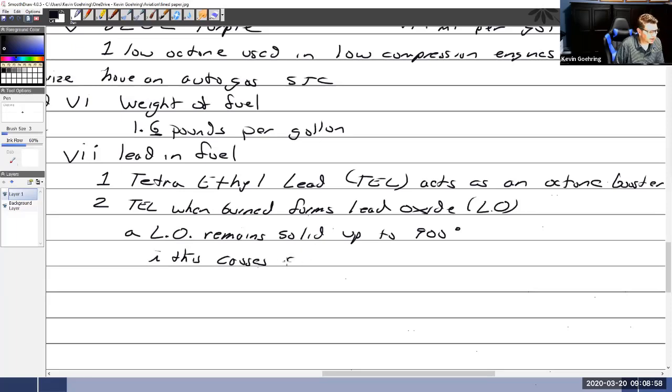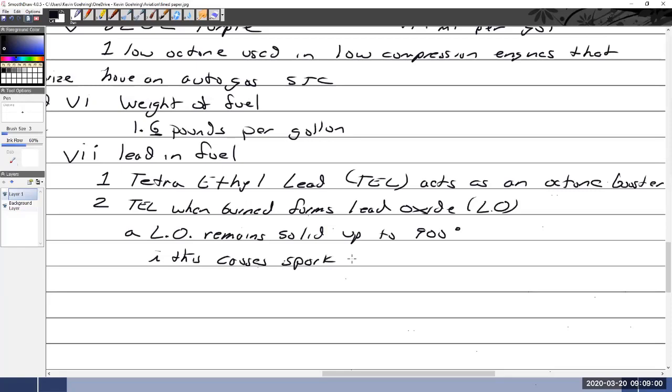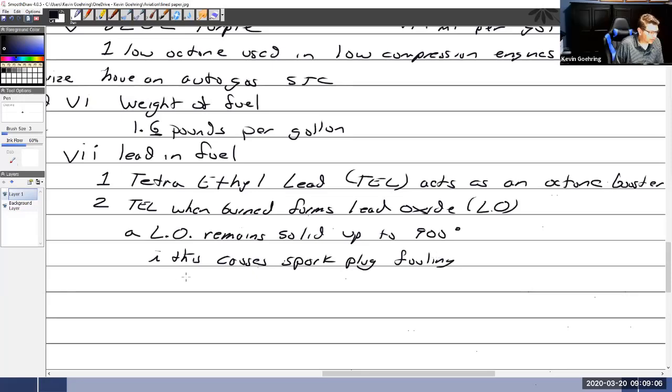So this causes spark plug fouling, which is a bad thing, and it causes corrosion. Now, the spark plug fouling, what that means is you actually have your electrodes, and the spark plugs are going to start filling up full of this lead.